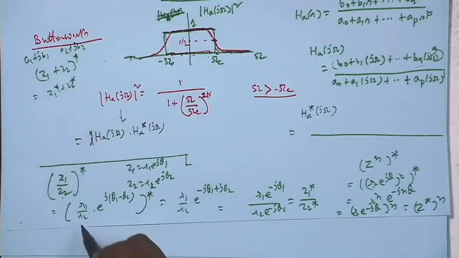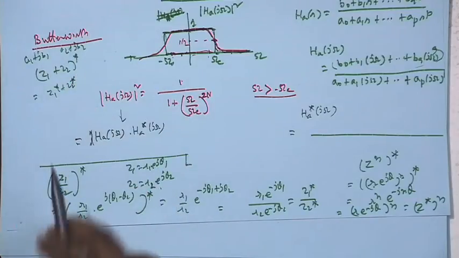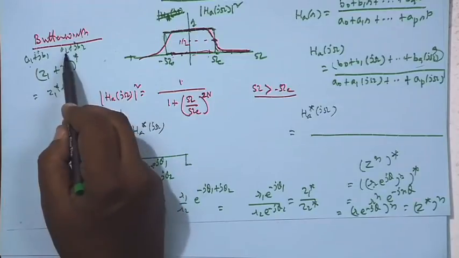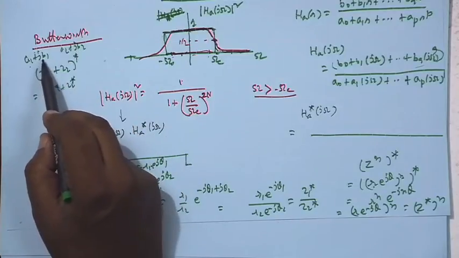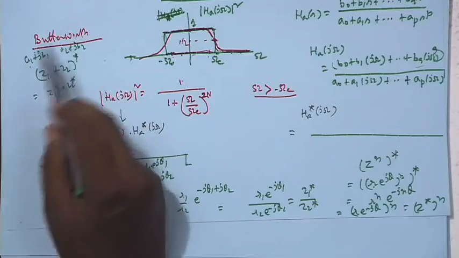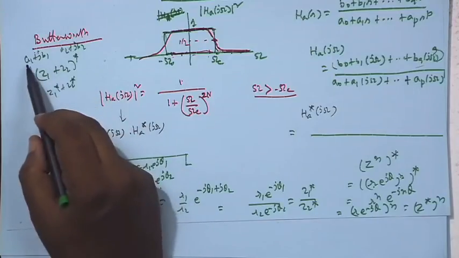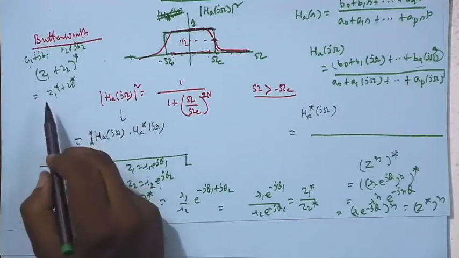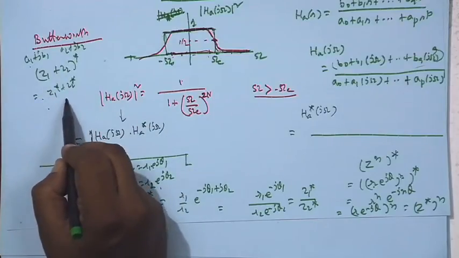Whenever you have product or division, go for polar form. So a 1 plus j b 1 plus a 2 plus j b 2. If you add, a 1 plus a 2 is the real part, and j into b 1 plus b 2 is the imaginary part. Then conjugate: it becomes minus j within brackets b 1 plus b 2. You will get the same thing, a 1 minus j b 1 plus a 2 minus j b 2.